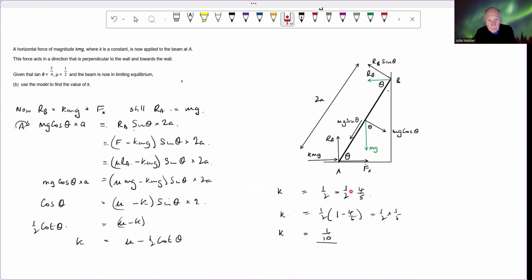The coefficient of friction is a half. So what we've got, that should be a minus sign there. Just change that. Minus. So we just work that through with a half and our 4/5 in there. We're going to get a half times a fifth, which is equal to a tenth. So use the model to find the value of k. That is what we have done.